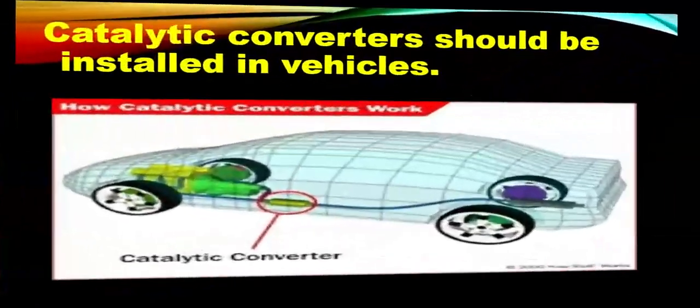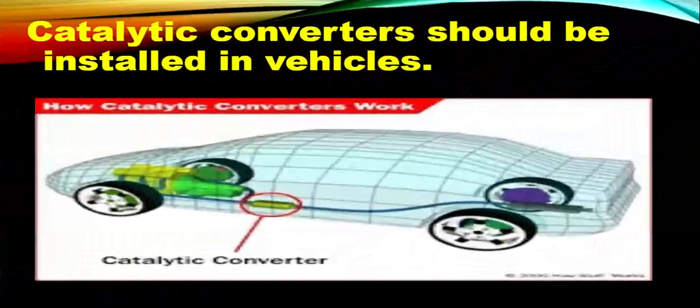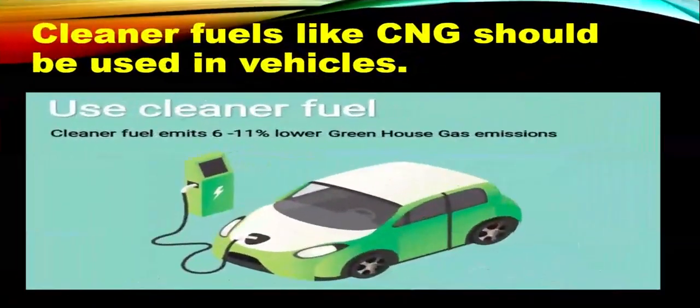Then, catalytic converters should be installed in vehicles to reduce the emission of toxic gases. Cleaner fuels like CNG should be used in vehicles because it causes less pollution and thus is eco-friendly.